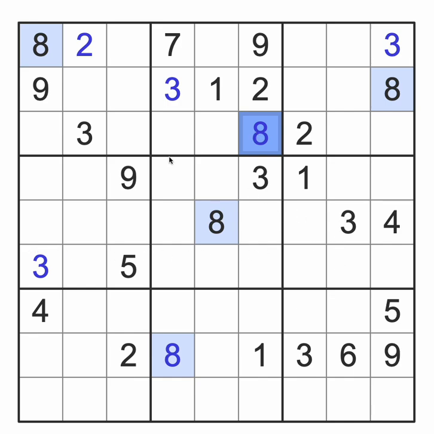Okay, and what's the next step? Okay, so 9 can be placed in box 3. 9 here in box 2 blocks these cells. 9 in box 1 blocks these cells. 9 in box 9 blocks this cell.